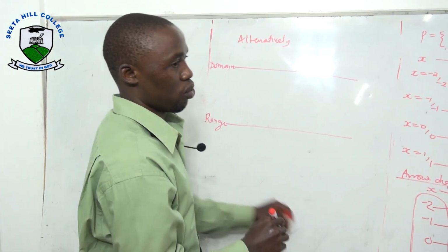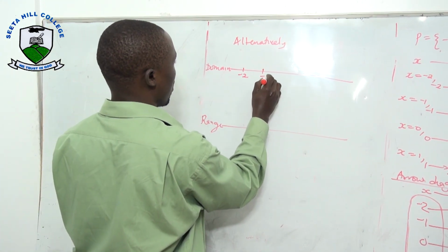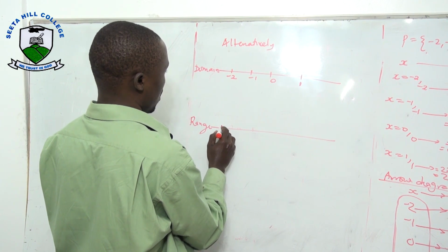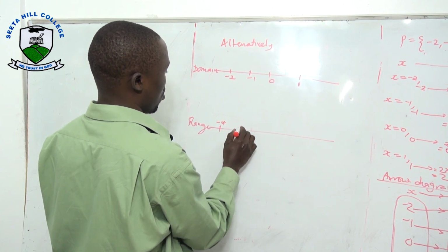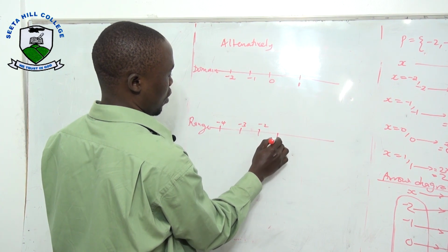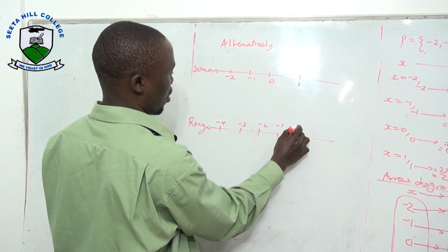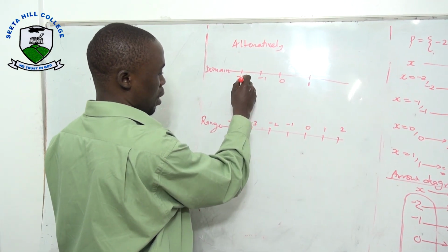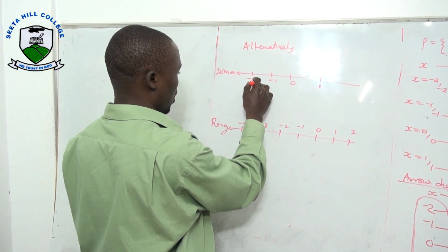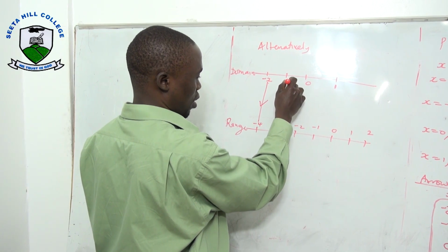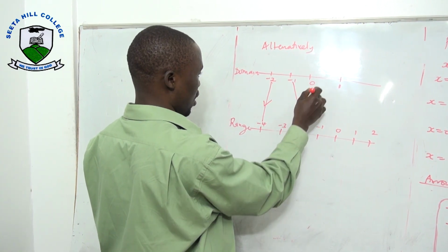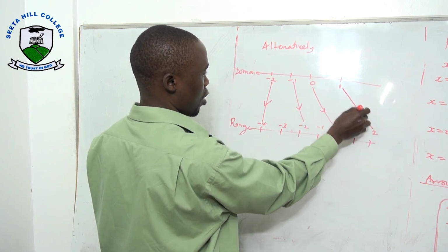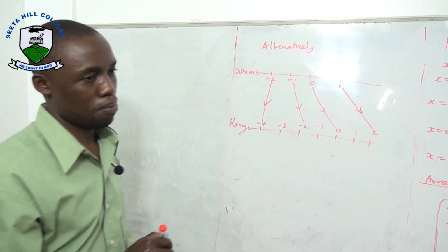I'm running from negative 2 to 1. Then here I will have negative 4, negative 3, negative 2, negative 1, 0, 1 and 2. Negative 2 is mapped onto negative 4. Negative 1 goes to negative 2, 0 goes to 0, and 1 goes to 2.